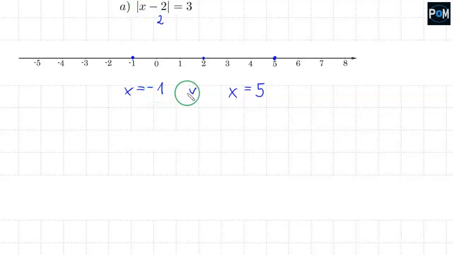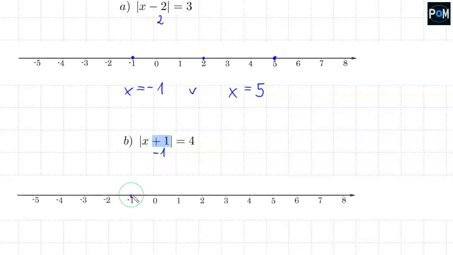We solved example A. Let's move on to example B. It will be very similar here. First, we find the number that is inside the absolute value. So this time, since there is +1 here, we are interested in the number -1. We change the sign here. -1 is here. We are looking for numbers that are 4 units away from this -1.